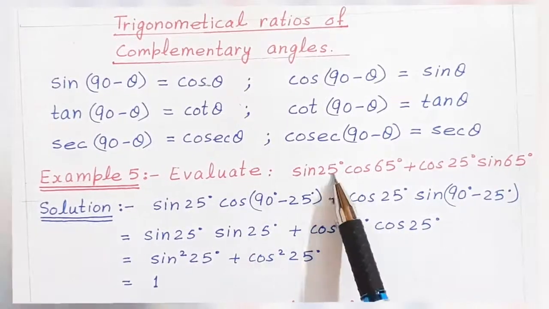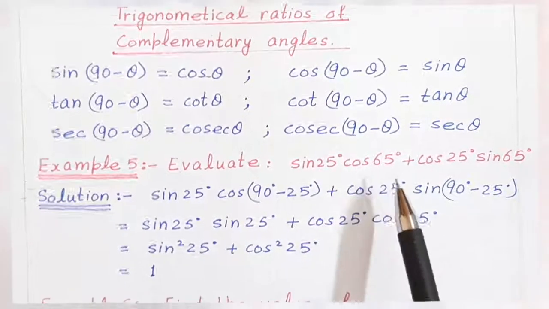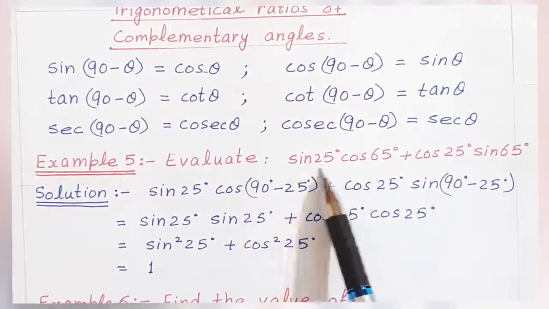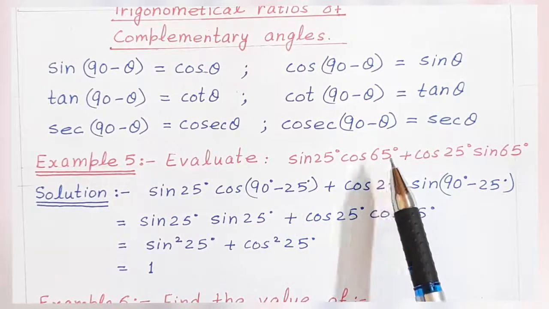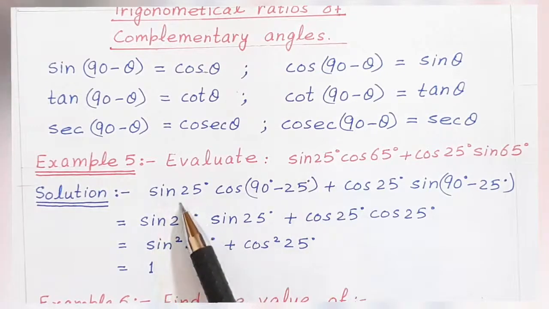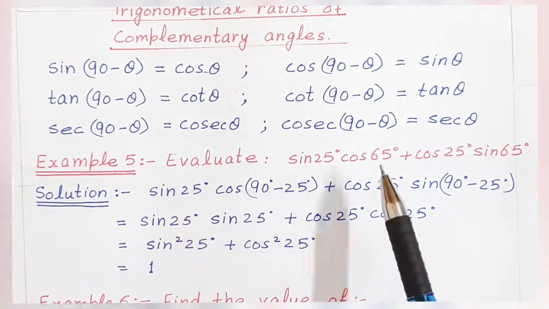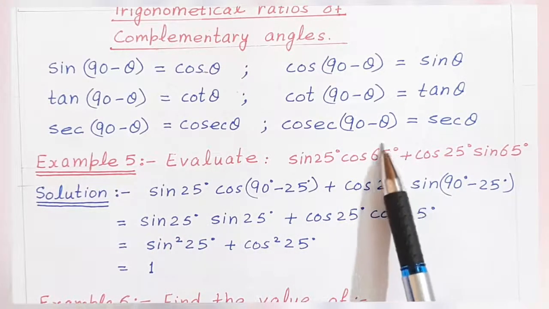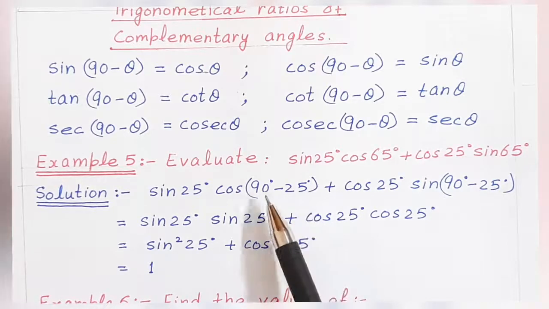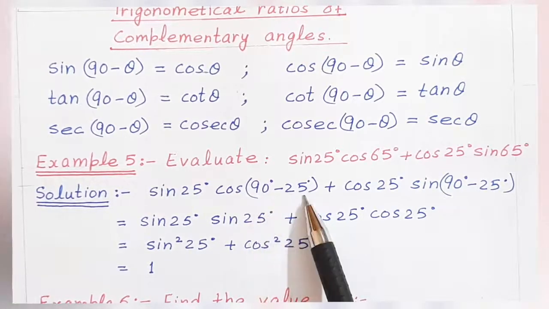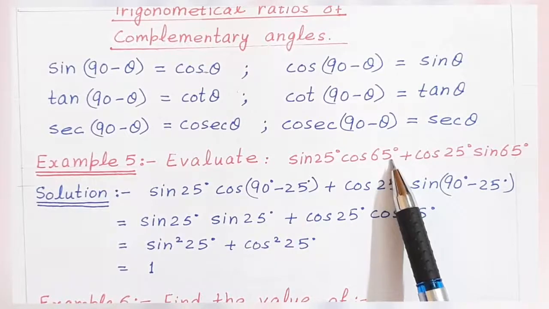Let us change the theta of either one, that is sin 25 or cos 65. We'll write sin 25 degree as it is. Cos 65, we can write this as 90 minus 25. Why students? Because 90 minus 25 is 65 degree.